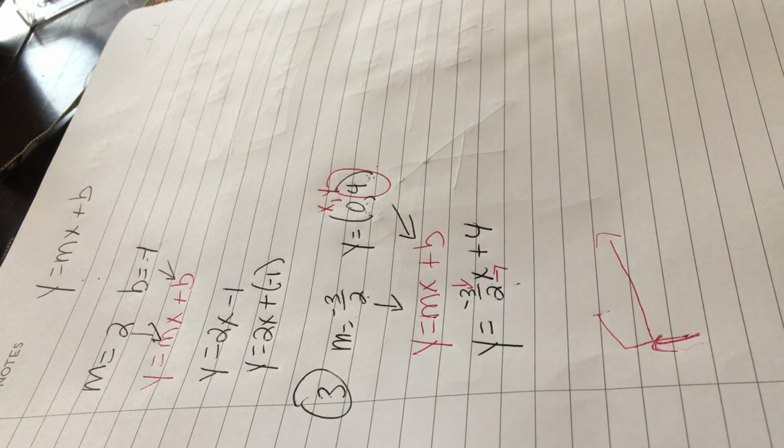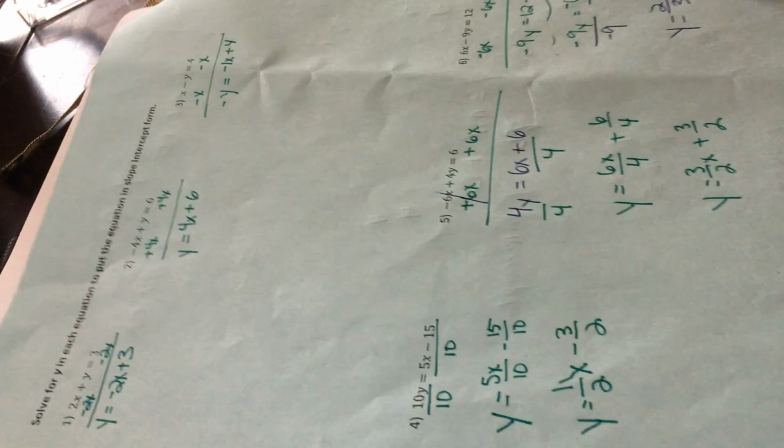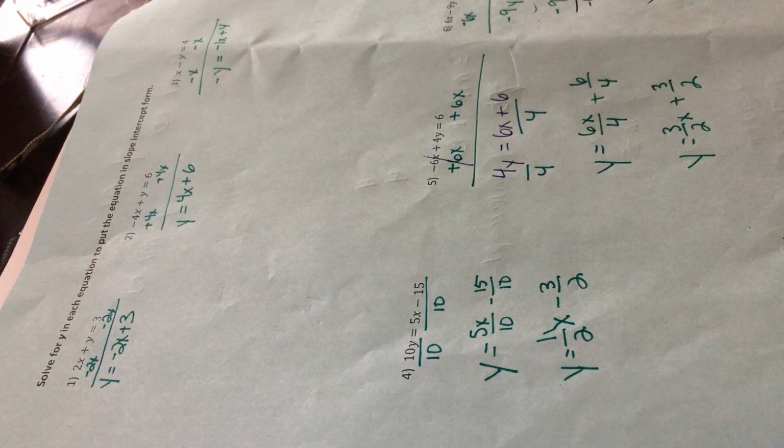And let me take a look at the last page. Okay, again, these are the same idea. We're getting y by itself. Some of them are just a little bit more complicated. So let me go over the two problems that I think are probably the toughest.